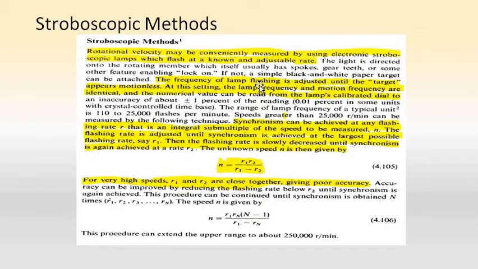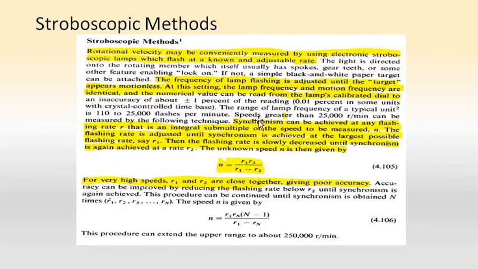That is, when the target to which we are flashing the light appears motionless, that frequency is noted down, and at this frequency both the lamp frequency and the motion frequency are identical, or let us say they are in synchronism. And from the lamp's calibrated dial, we can obtain the corresponding numerical value.